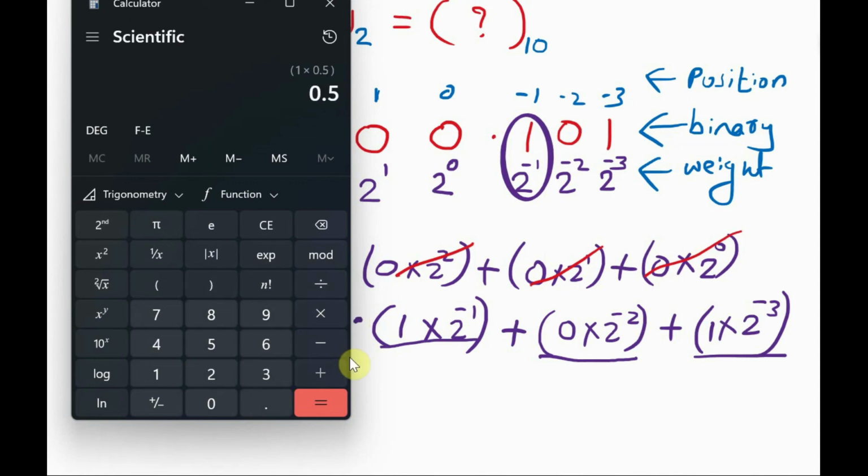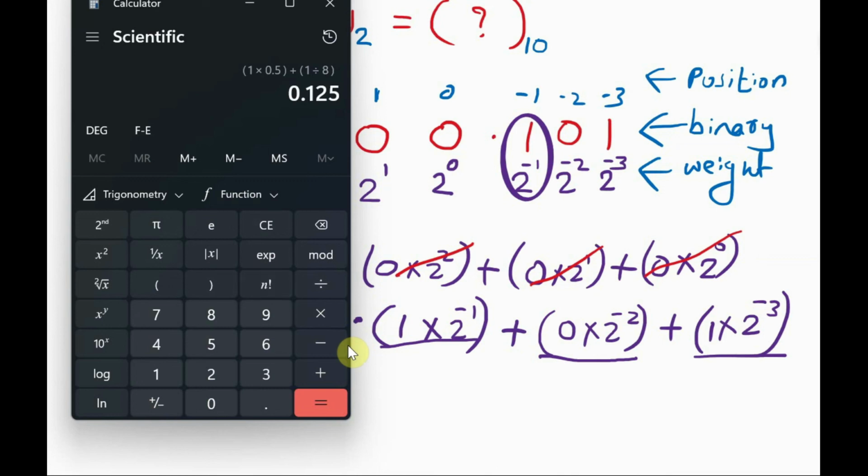So 1 into 0.5, plus, the second term I am cancelling because 0 into 2 raised to -2 is 0. The third term is 1 into 2 raised to -3. 2 raised to -3 is 1 divided by 2 raised to 3, that is 1 divided by 8.